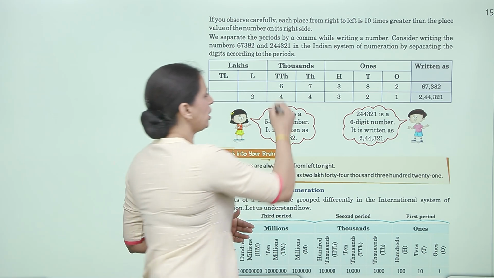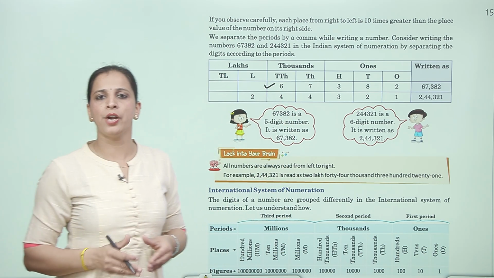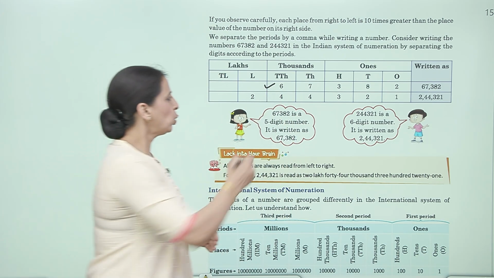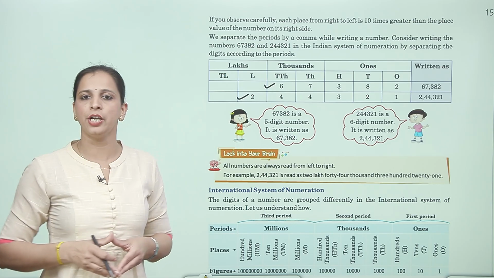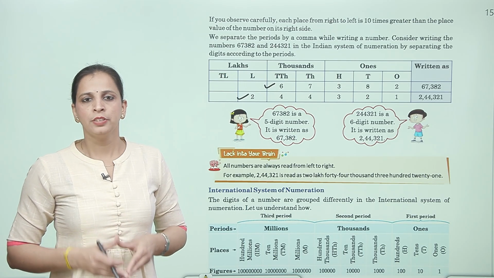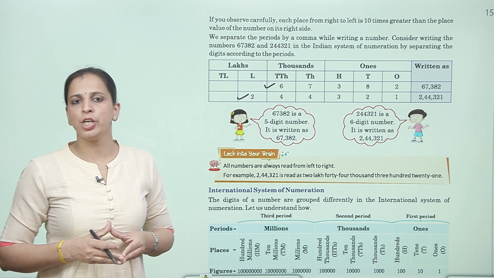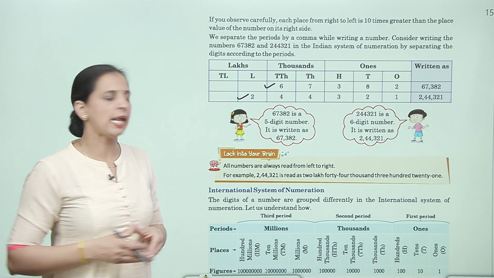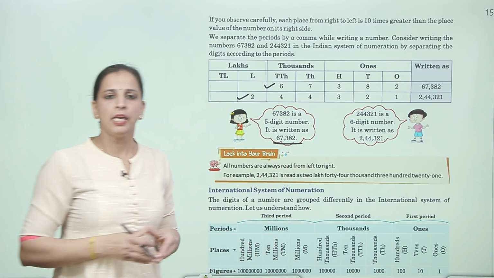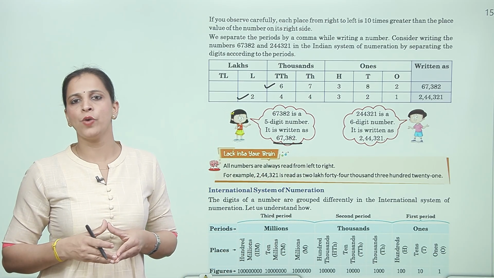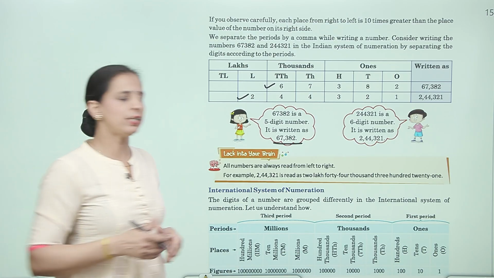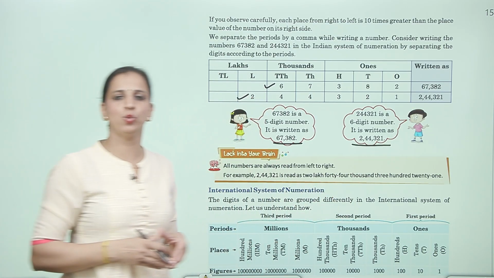It is 67,382 and 2,44,321. Now, 67382 is a 5-digit number. It is written as 67,382. 244321 is a 6-digit number. It is written as 2,44,321.